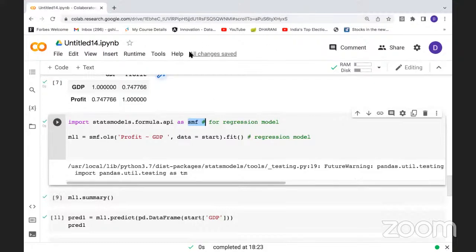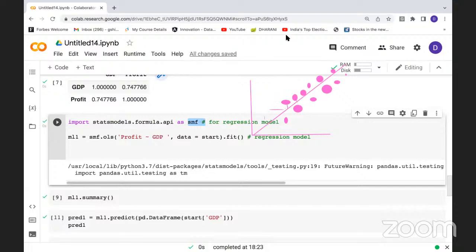Whenever you are trying to draw the best fit line, you have the data points. These data points are falling around the line like this, and you're calculating the error.